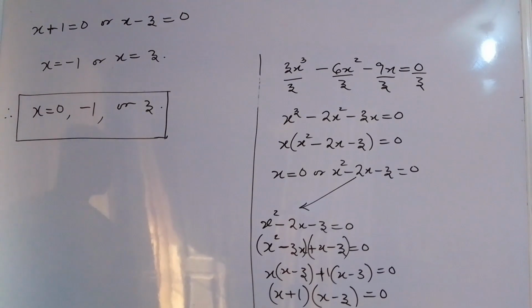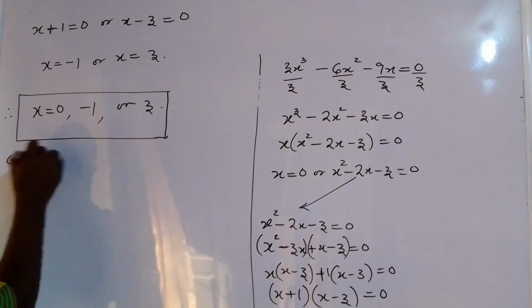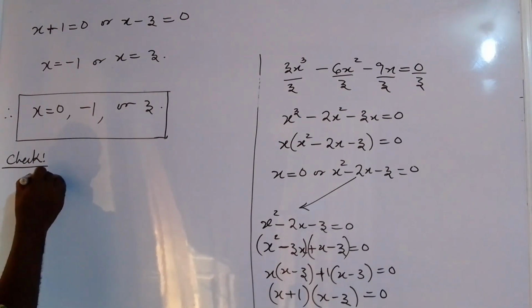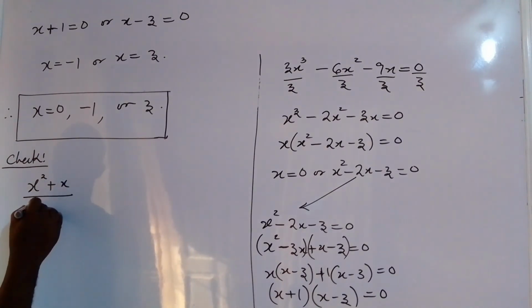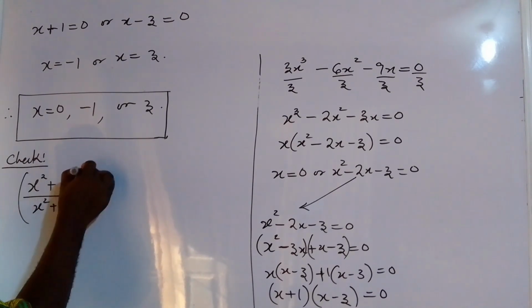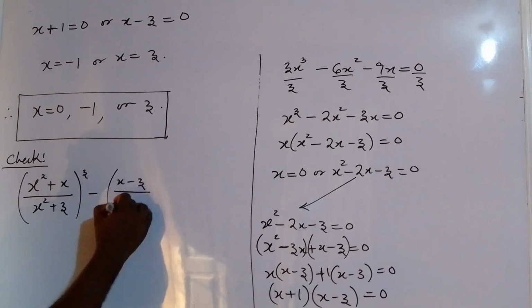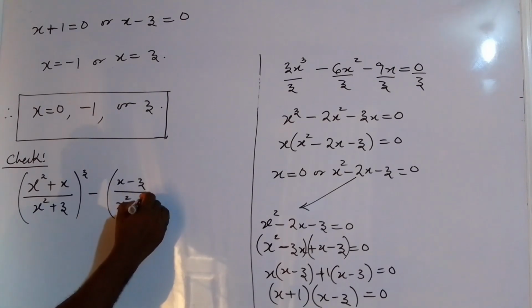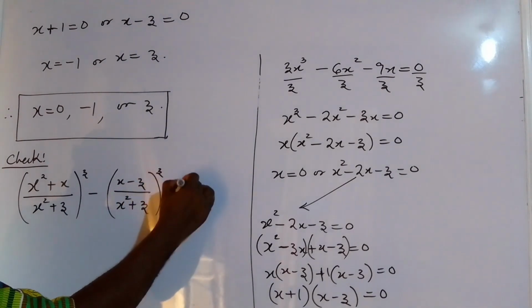You can check this out for x squared plus x all over x squared plus 3 cubed minus x minus 3 all over x squared plus 3 cubed equal to 1.